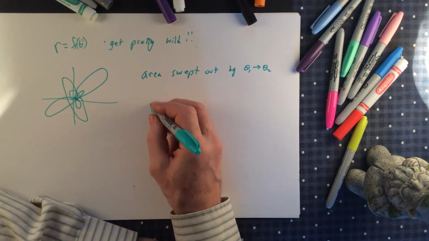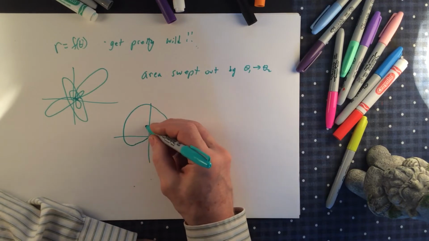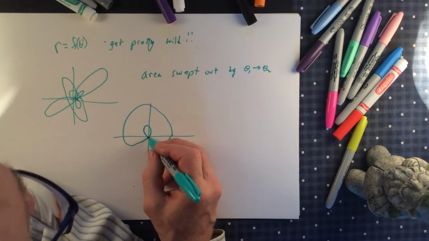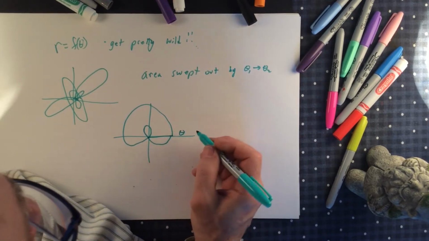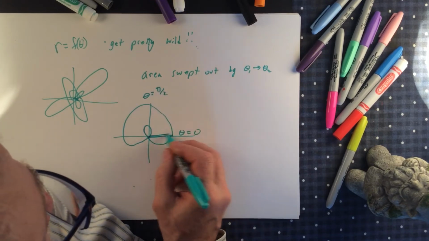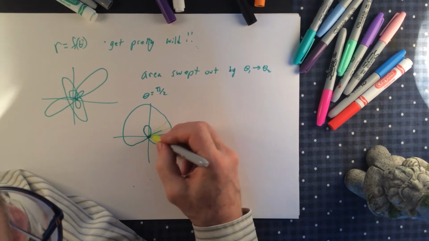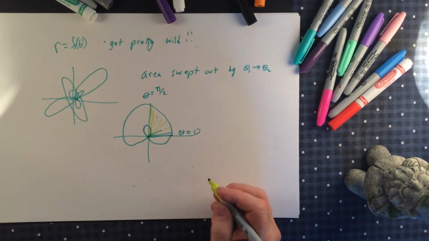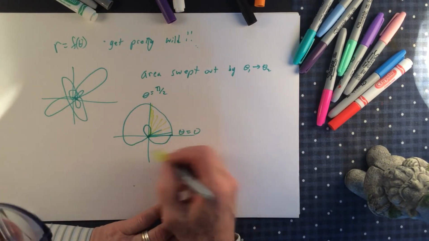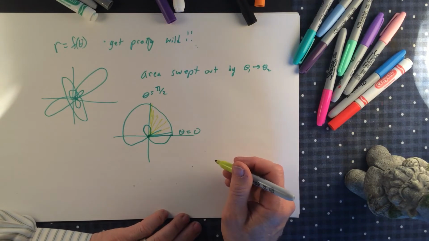So let's suppose we have a figure. I'm going to make a simple figure that has some funk to it. Now, let's say I started at 0 and went to pi halves. Well, then the area being swept out is right there. And this little piece in there isn't relevant because it hasn't been created from theta equals 0 to theta equals pi halves.